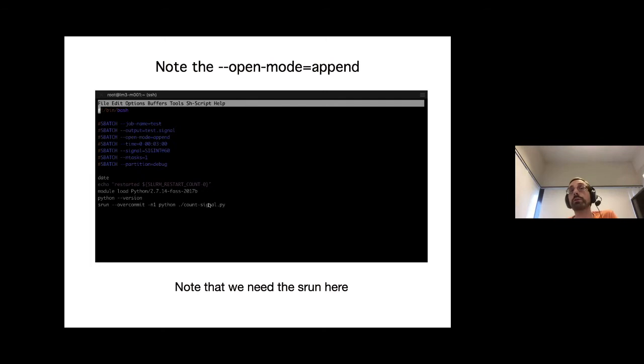So that my program will receive that information: oh, I received Control-C, and what it will do is simply save the state so that you will be able to resubmit the same script. And it's really important, of course, that you have this srun here, because otherwise, if you just run Python, it's not Python that is going to receive the signal.